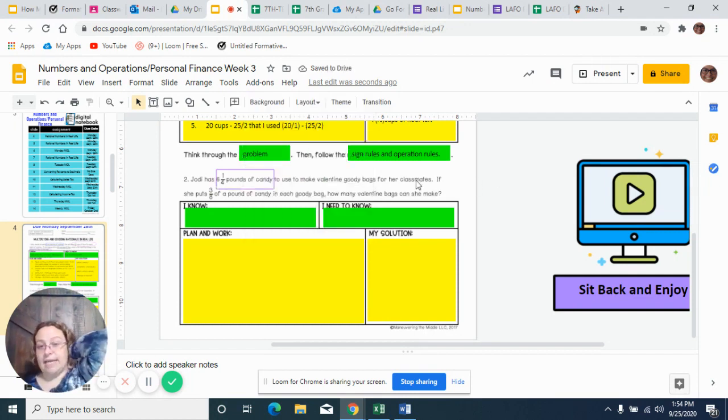Now, Jody's going to use this candy to make Valentine goodie bags for her classmates.